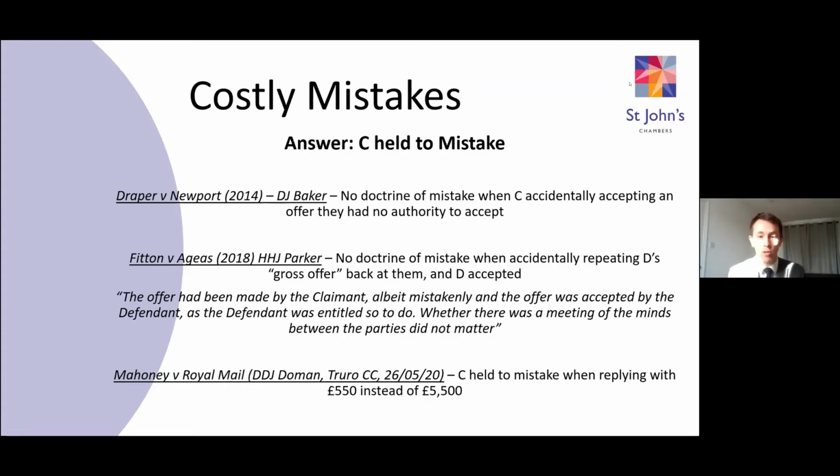But in effect, what had happened is the claimant had made their offer, the defendant had made their counter offer. The claimant went to make a further offer, but accidentally reflected, again, the gross offer back at the defendant. Now, in those circumstances, the defendant said, thank you very much for your gross offer, we accept.